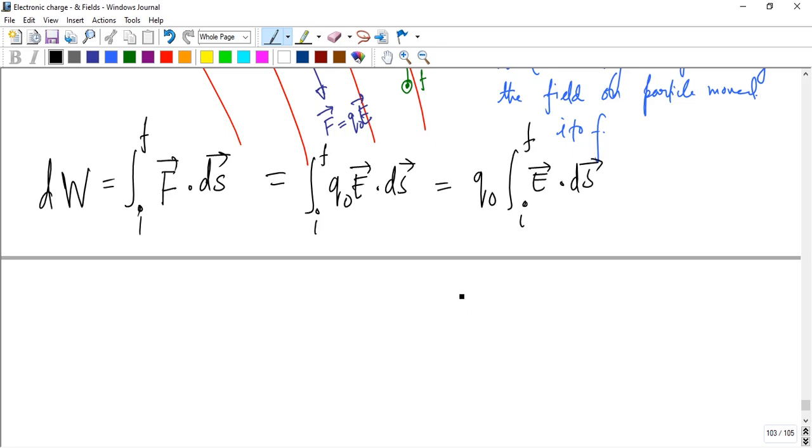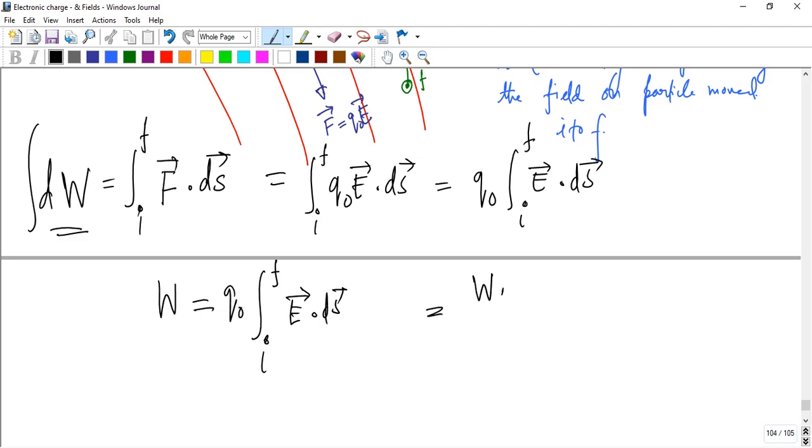So W equals Q naught times the integral from I to F of E dot ds. So W over Q naught is equal to the integral from I to F of E dot ds.